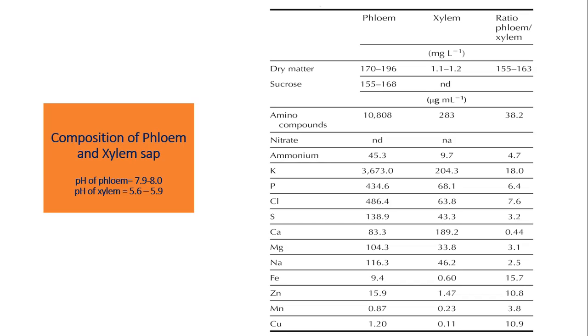So you might have observed while studying the deficiency symptoms of different ions, the ions which are not mobile in the phloem, whose concentration is very low in the phloem, the deficiency symptom of that element occurs earlier on the root, on the young leaves, the growing tips.